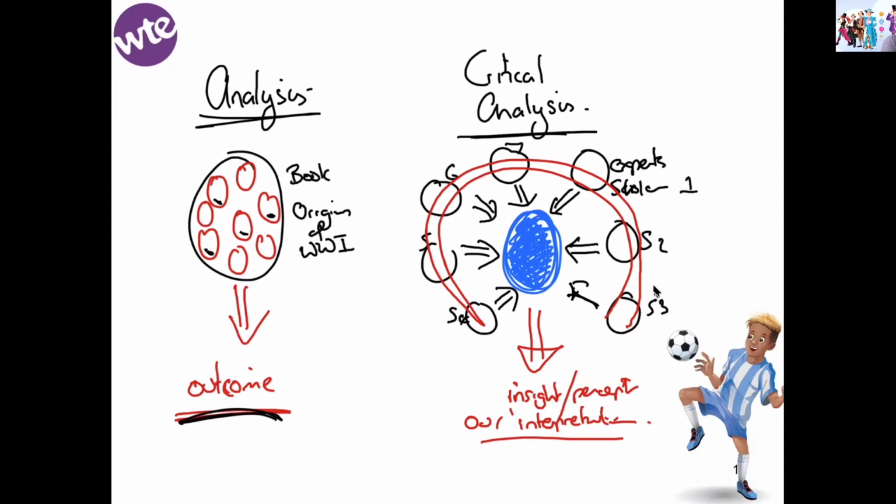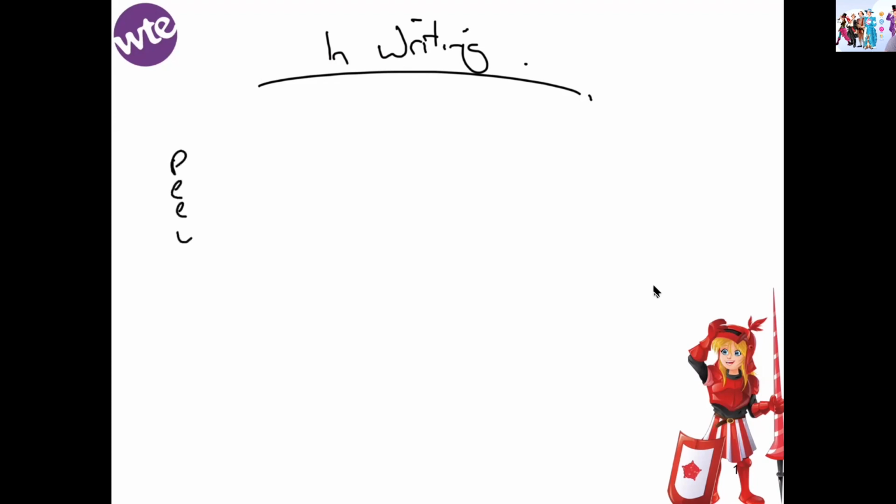So the problem then in writing is, how do you do this as a paragraph? Because in writing, if you're going to do critical analysis, you can't use the classic forms.